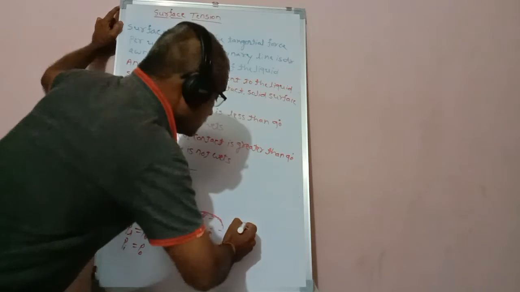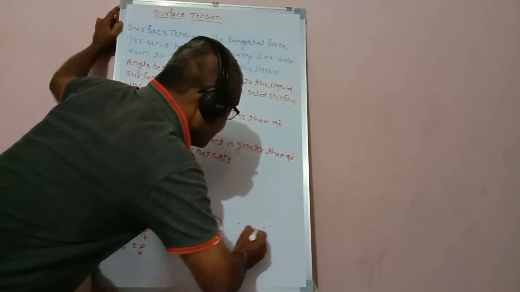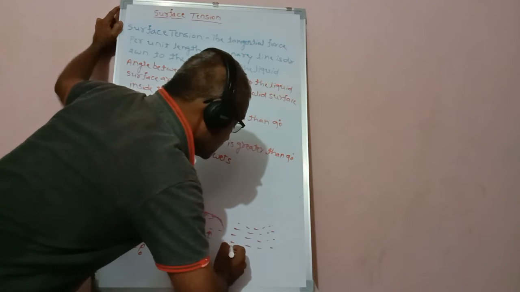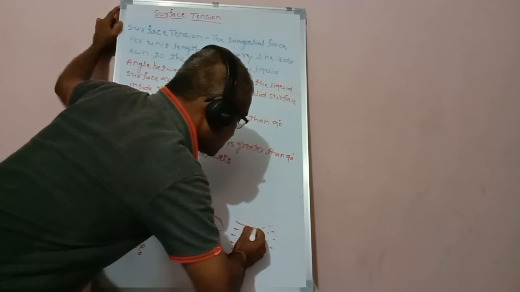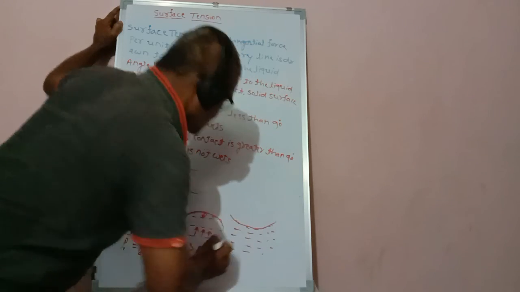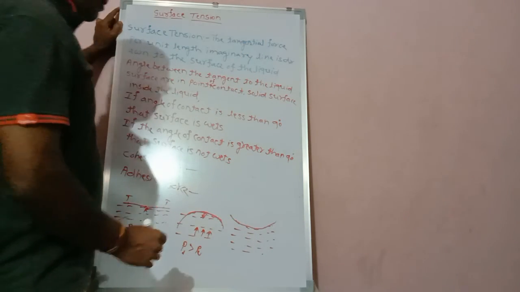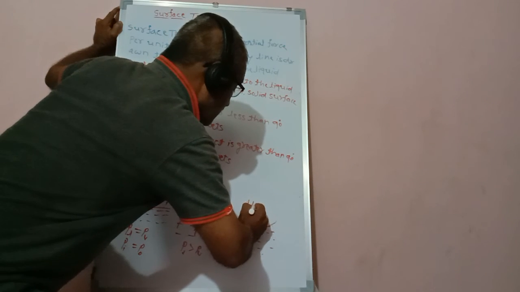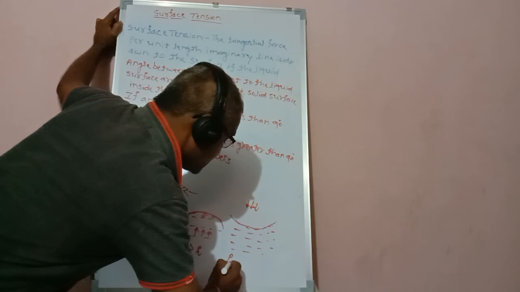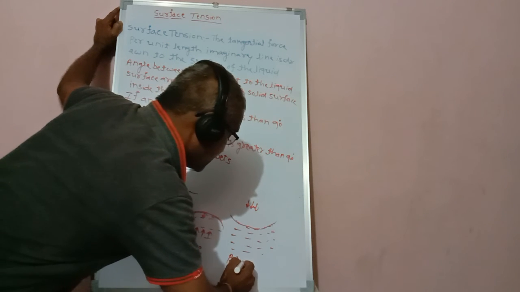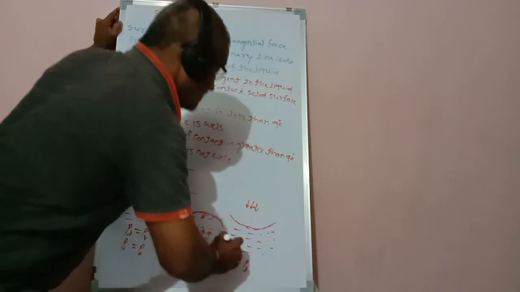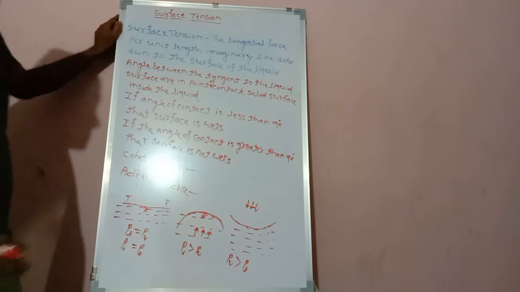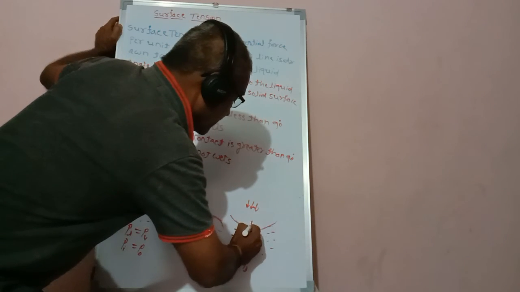And suppose the water has a concave surface. On the concave surface, the pressure on the vapor side is greater than the pressure inside the liquid.